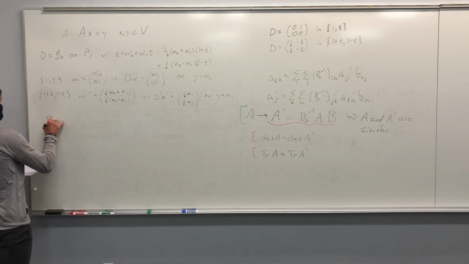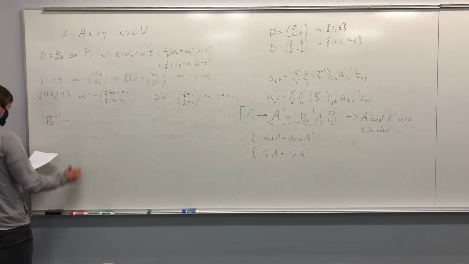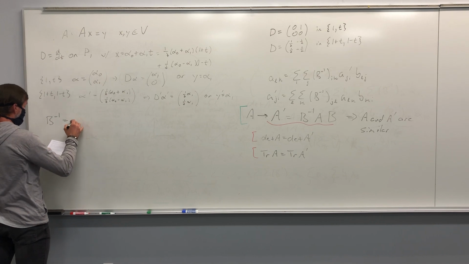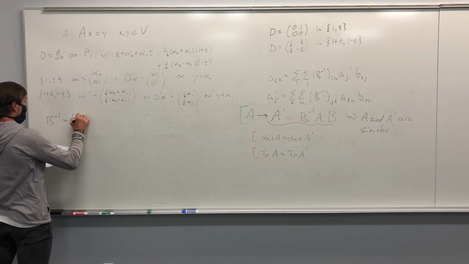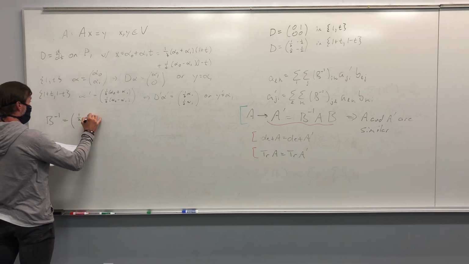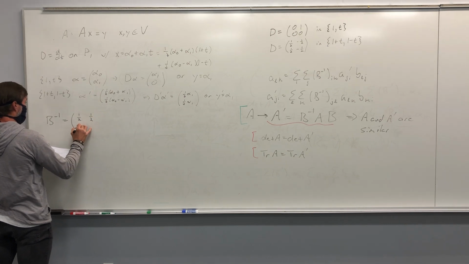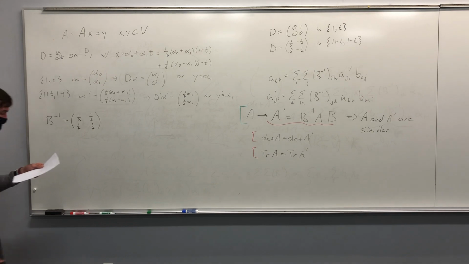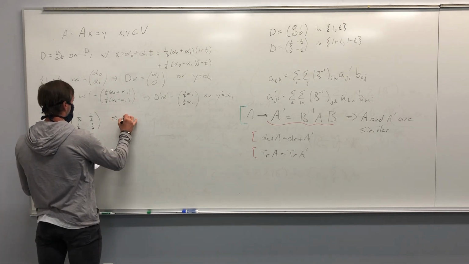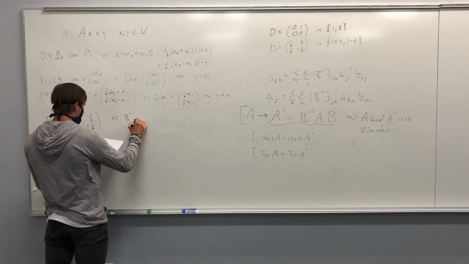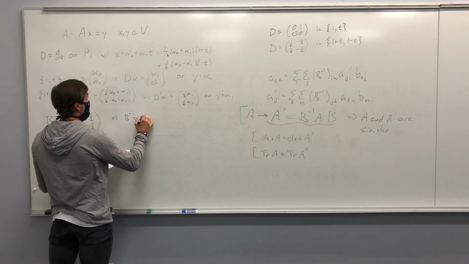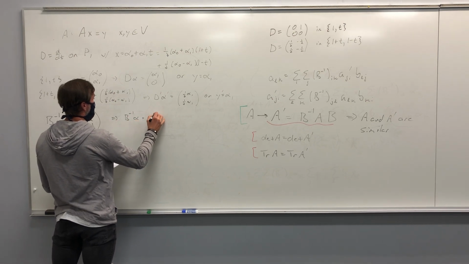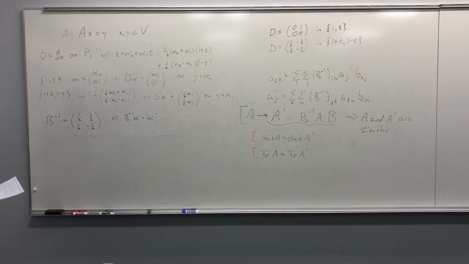The B inverse that we need in order to make this work is 1/2, 1/2, 1/2, minus 1/2. Because if I take B inverse and I hit alpha with it, I get alpha primed.